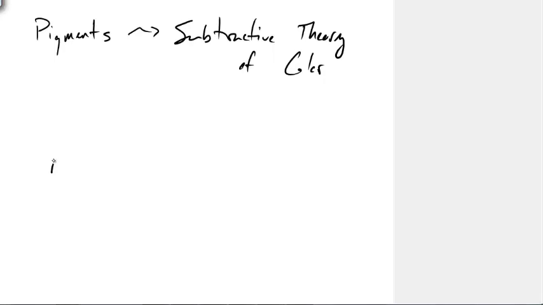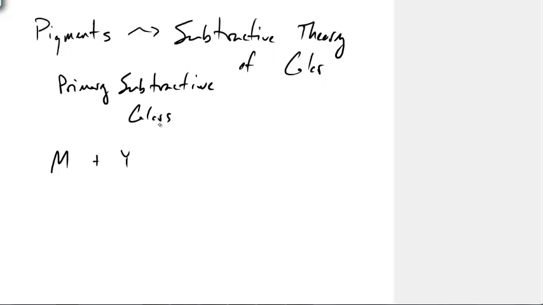So something interesting happens. If you take the magenta and you add the yellow, so these are the primary subtractive colors. The red, the green, the blue were primary additive. But if you go magenta plus yellow, you end up with red, and we're going to talk about why that is.